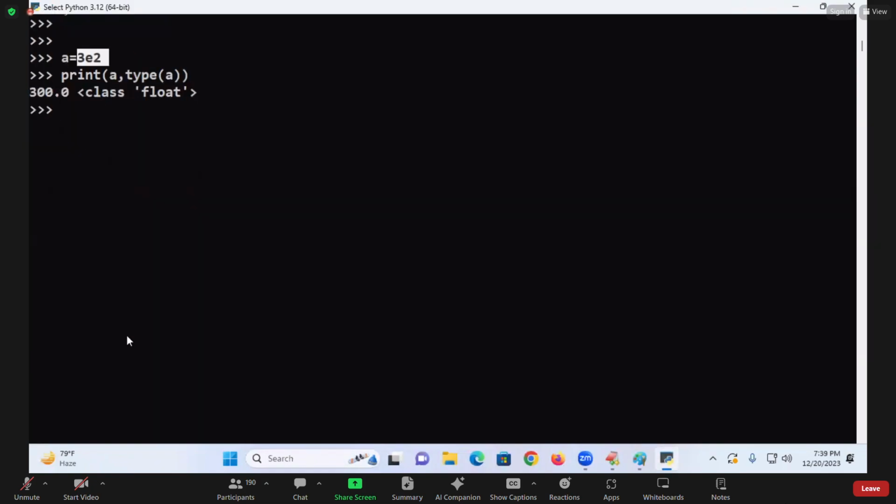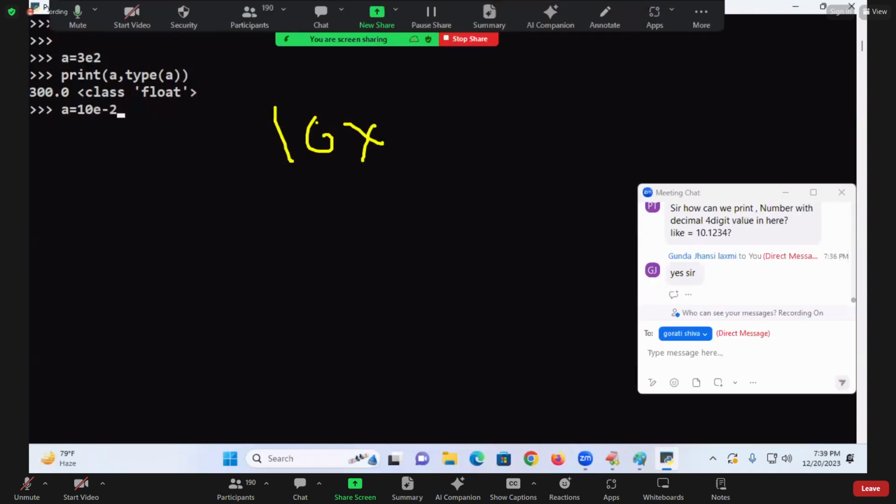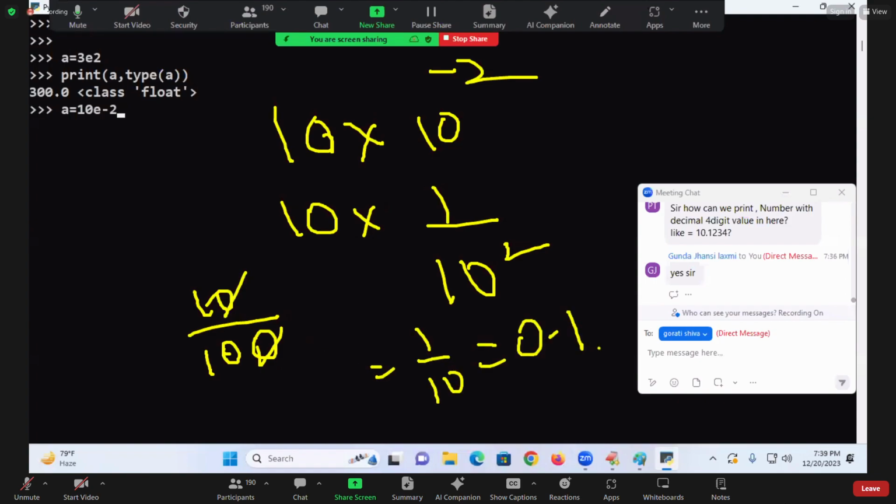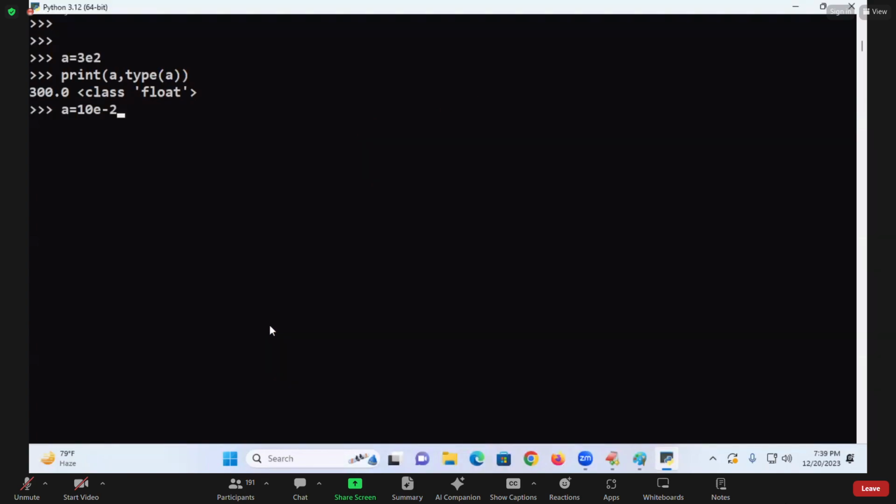One more. A is equal to 10E minus 2. 10 into, what is the E? 10 to the power of minus 2. That is 10 into 1 by 10 squared, which is 10 by 100, so 1 by 10, called 0.1.